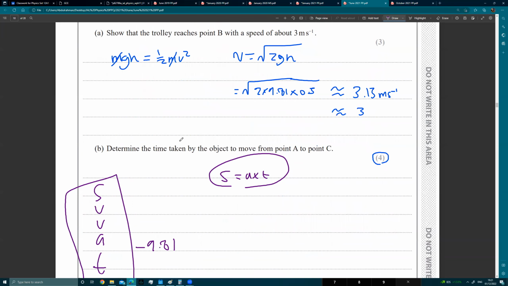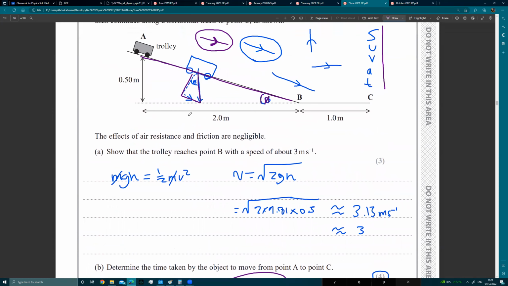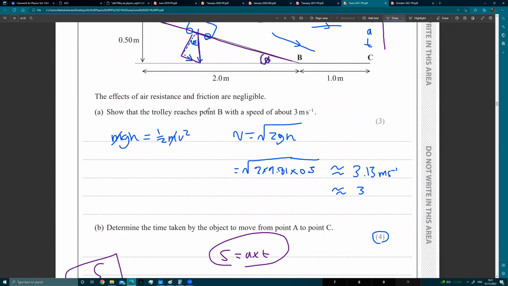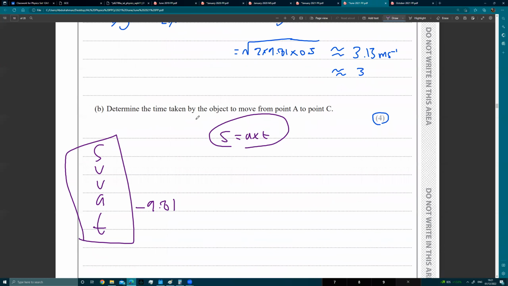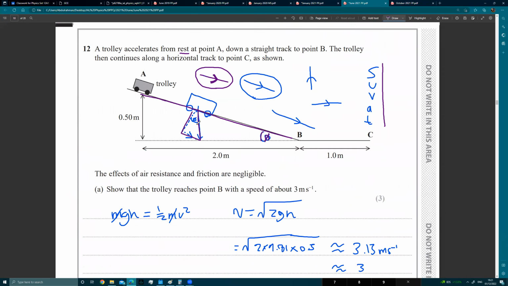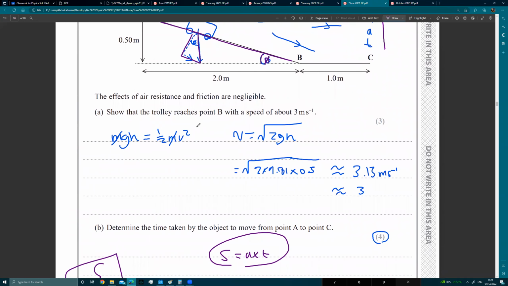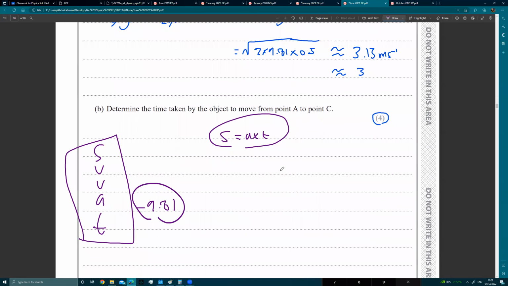By the way, to answer someone's question, you could have done it horizontally. You could have resolved it in the horizontal and vertical components, but all of a sudden it's so hard because your components are no longer the usual minus 9.8 and 0.